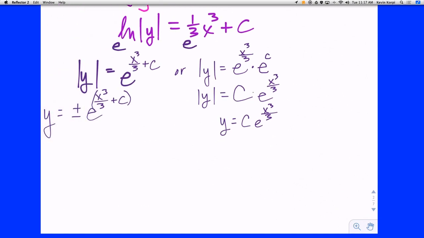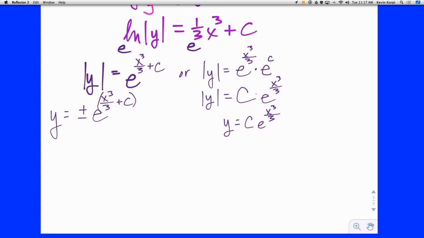They are both correct. So notice the equivalencies here. You either have a sum in the exponent or a scalar multiple times e. But you do not have e to the x cubed over 3 and then a plus c right here. It's not a sum of two things, okay?